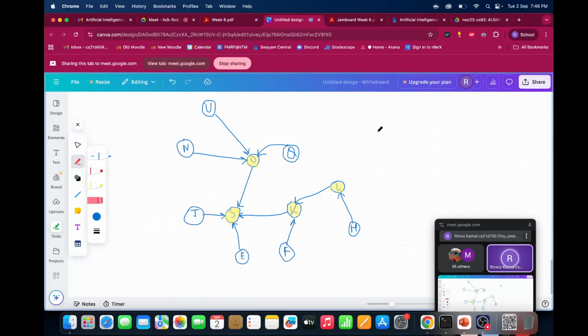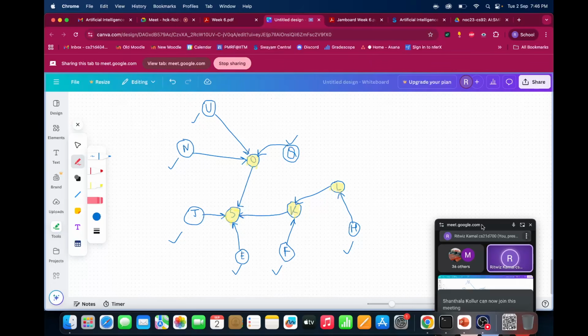What do you think will be the nodes in the open list? E, F, H, J, N, Q, U. Yes. So E, F, H, J, N, U, Q, all these will be in the open.